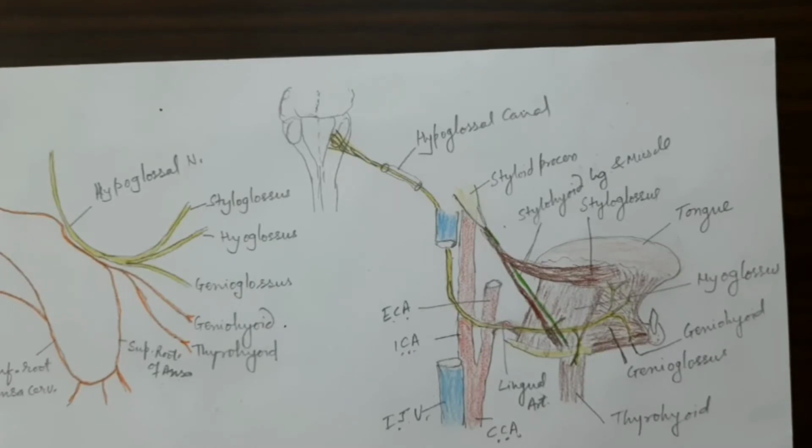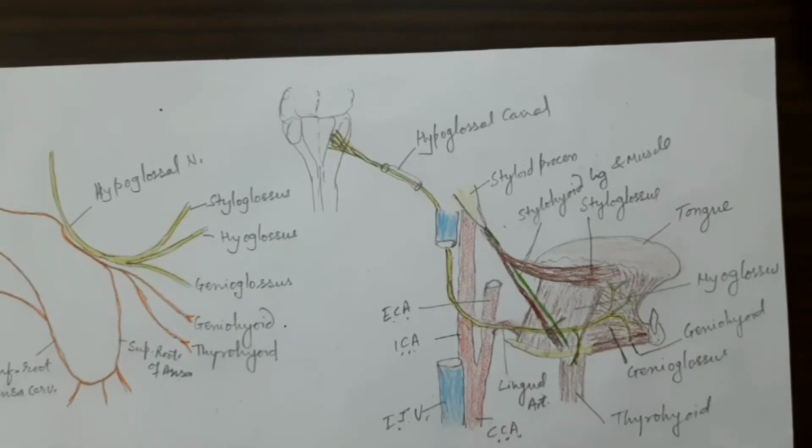Now the hypoglossal nerve first lies behind the glossopharyngeal, vagus and accessory nerves, because they are anterior to it. So it is behind the 9th, 10th and 11th nerves at the base of the skull.